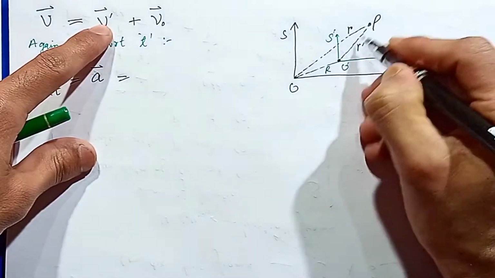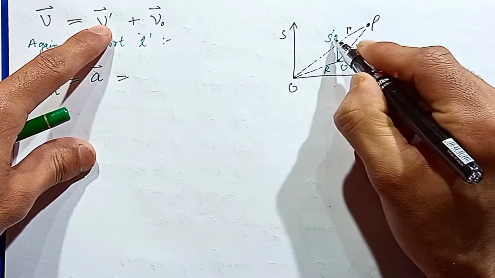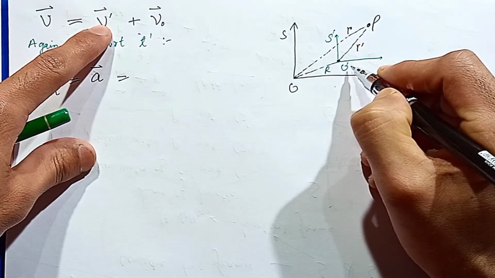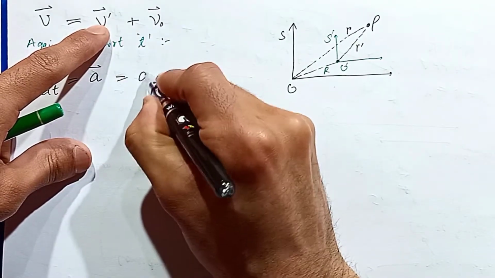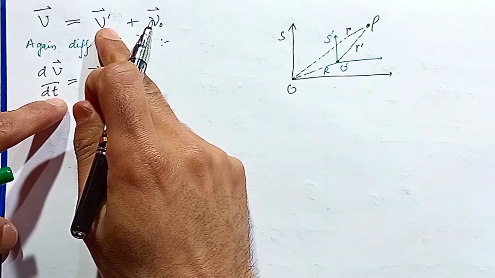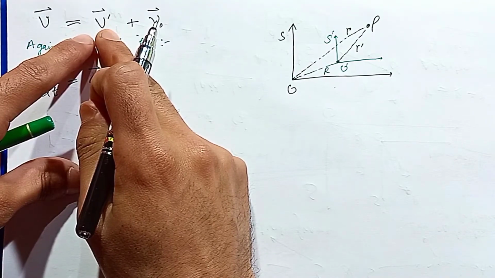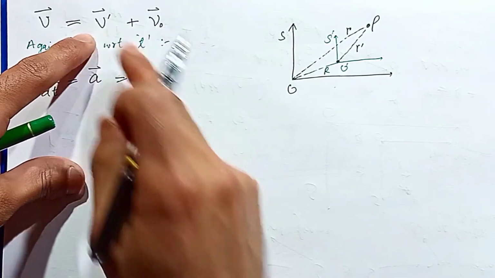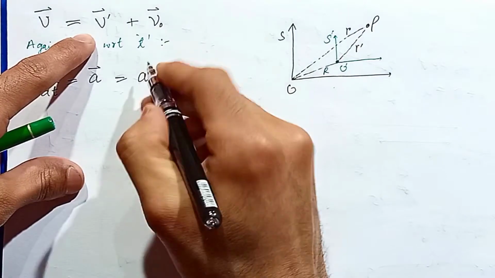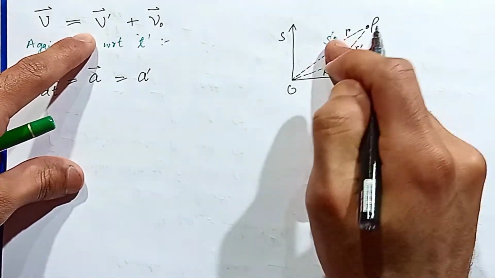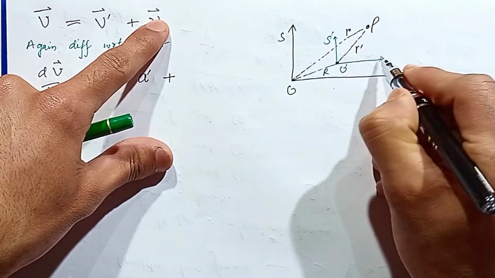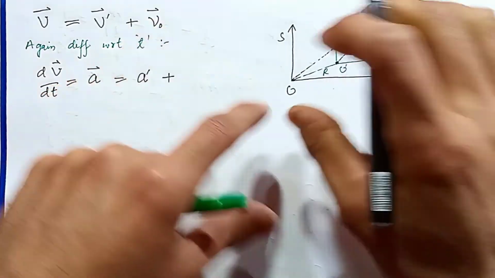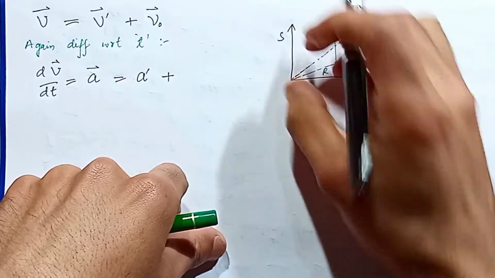V prime is the velocity of the particle P with respect to origin O prime in the non-inertial frame. Differentiating it, we again get acceleration, but in the frame of reference S prime, plus v0 dot, where v0 is the velocity of the frame of reference S prime as a whole with respect to this frame of reference.